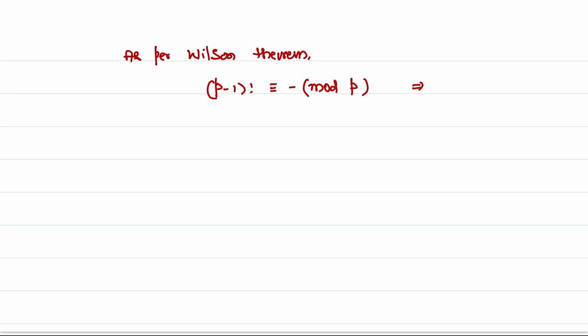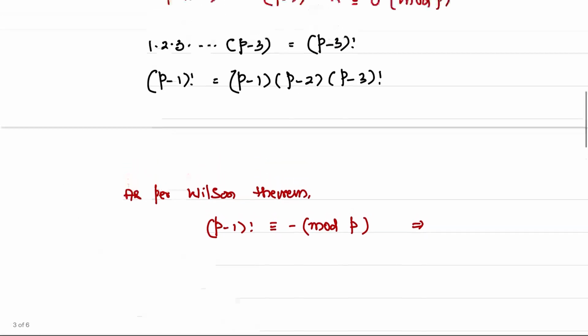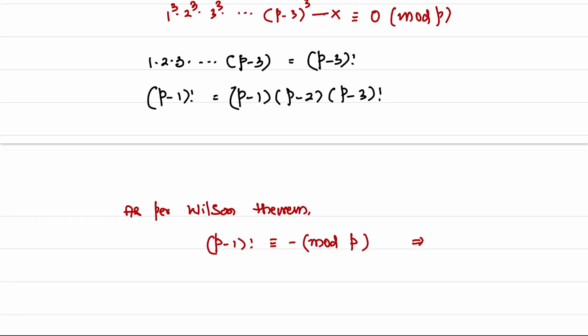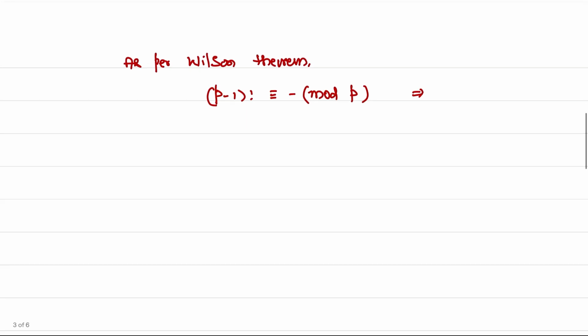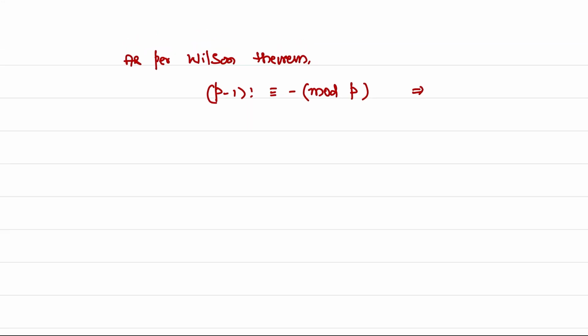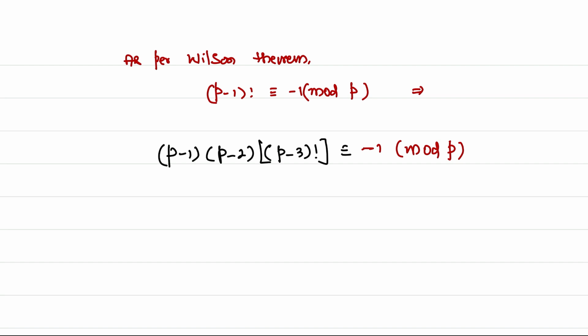From this, what is factorial p minus 1? That's nothing but p minus 1 into p minus 2 into factorial p minus 3. Can I write like this? P minus 1 into p minus 2 into factorial p minus 3 equivalent to minus 1 mod p. Can I write like this?